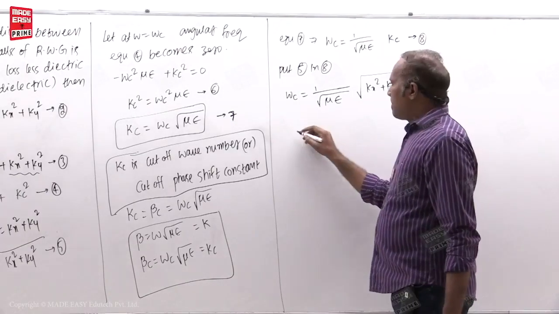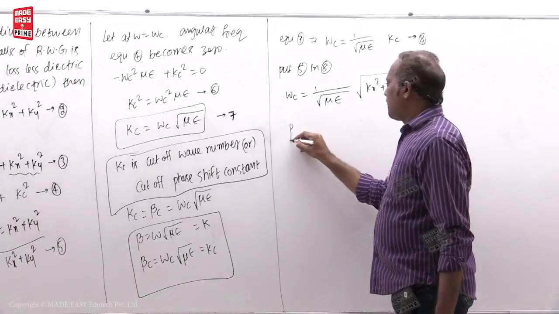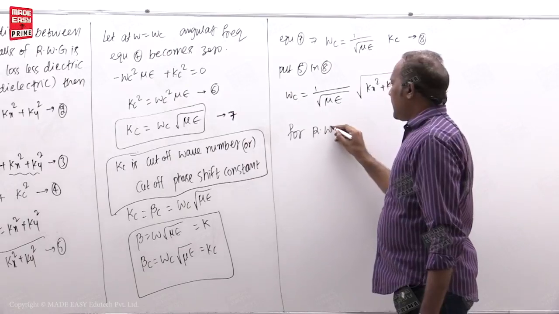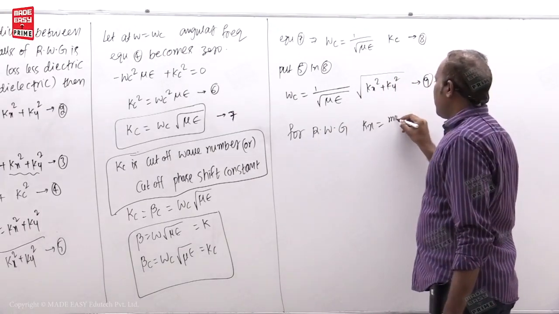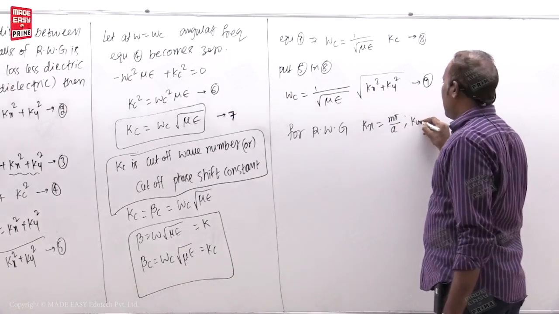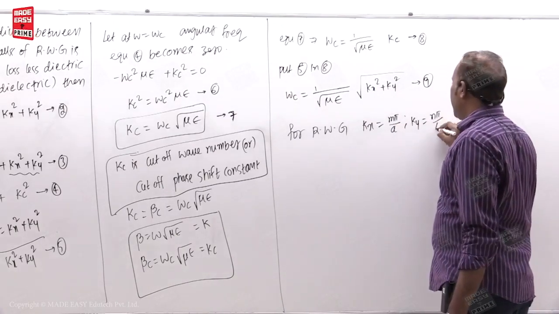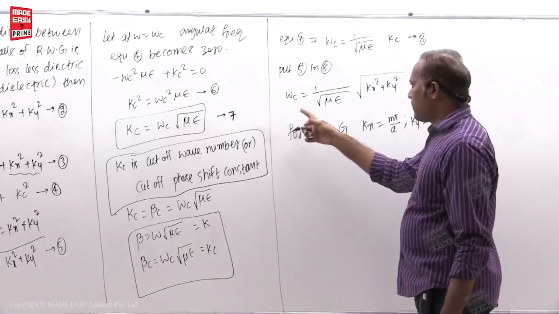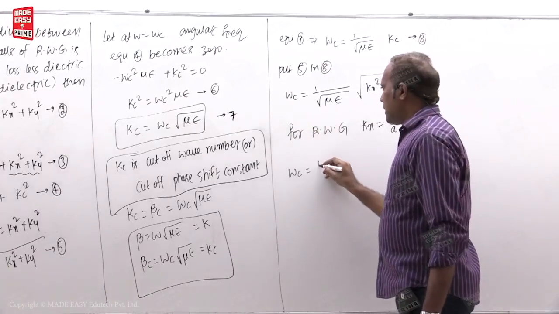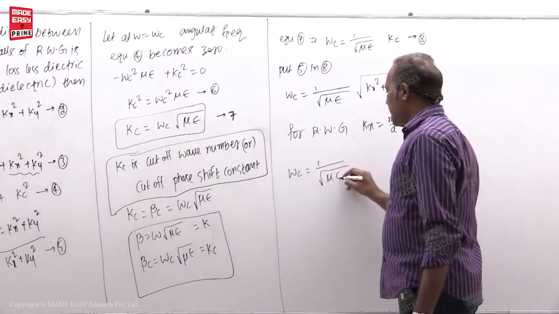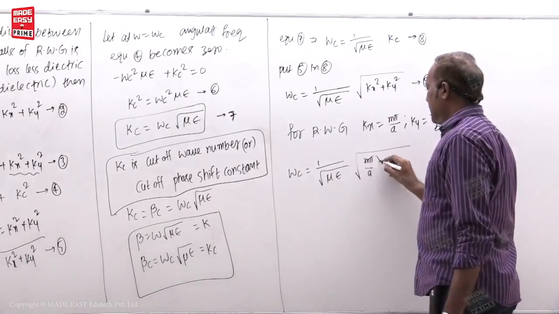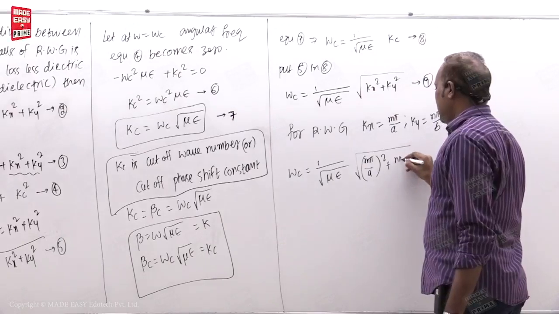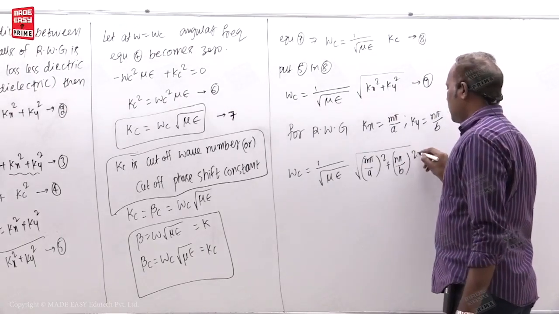For rectangular waveguide, kx is equal to m pi by a and ky is equal to n pi by b. So now this equation becomes omega c is equal to 1 by root mu epsilon and m pi by a whole square and n pi by b whole square.